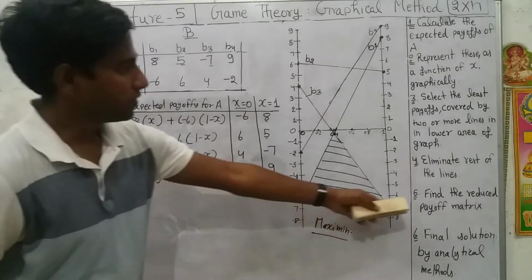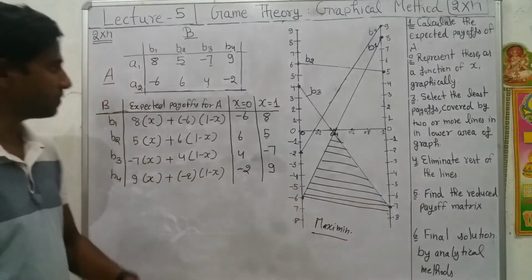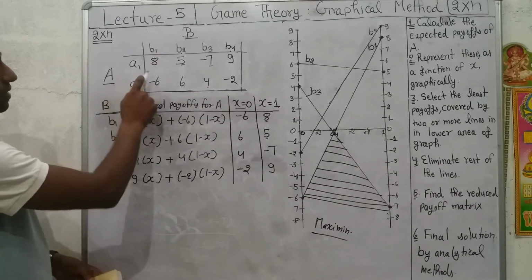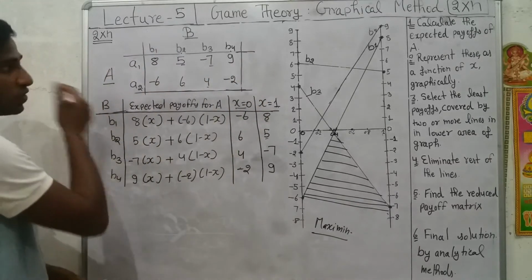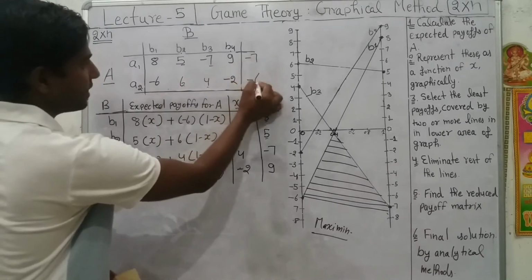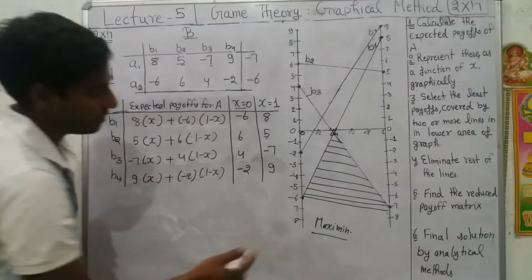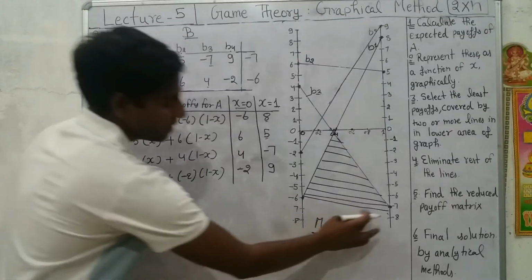So now what would be the next value? Or you can cross check these payoffs by looking at this payoff matrix. For company A, to apply the maximin approach, we need to calculate the minimum values in each row. So the minimum value in the first row is -7, and the minimum value in the second row is -6. So these are two minimum payoffs, and look at this point, it is -7, and this point it is -6.